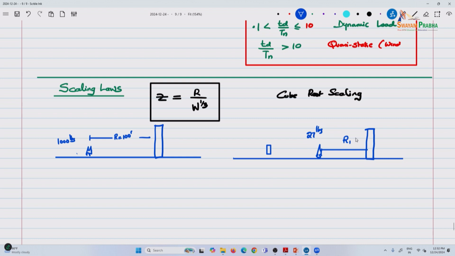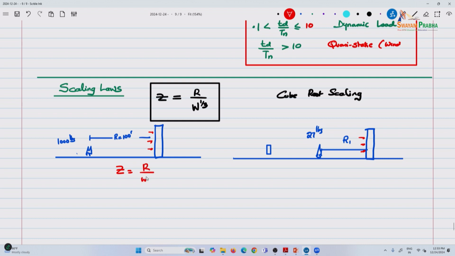The pressure on both are the same, depending. The Z in this particular case is R by W power 1 by 3, and I have chosen numbers so that it is easy to calculate.